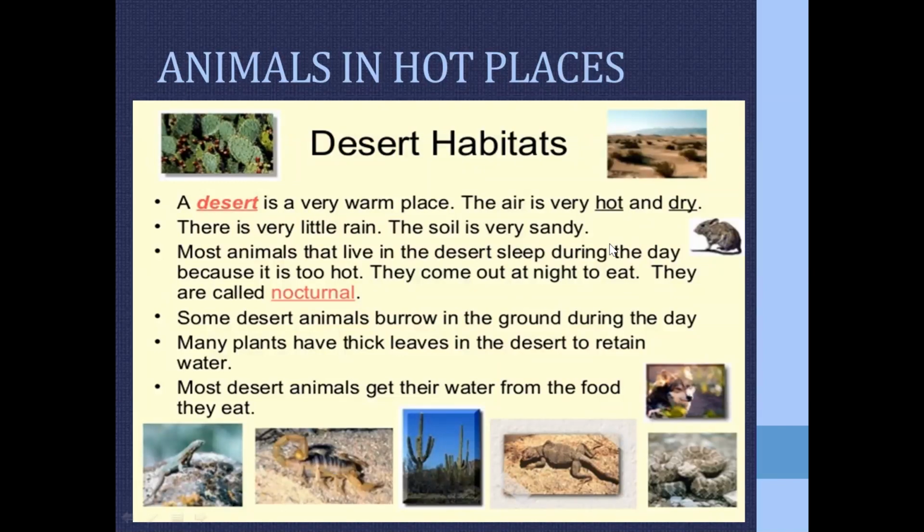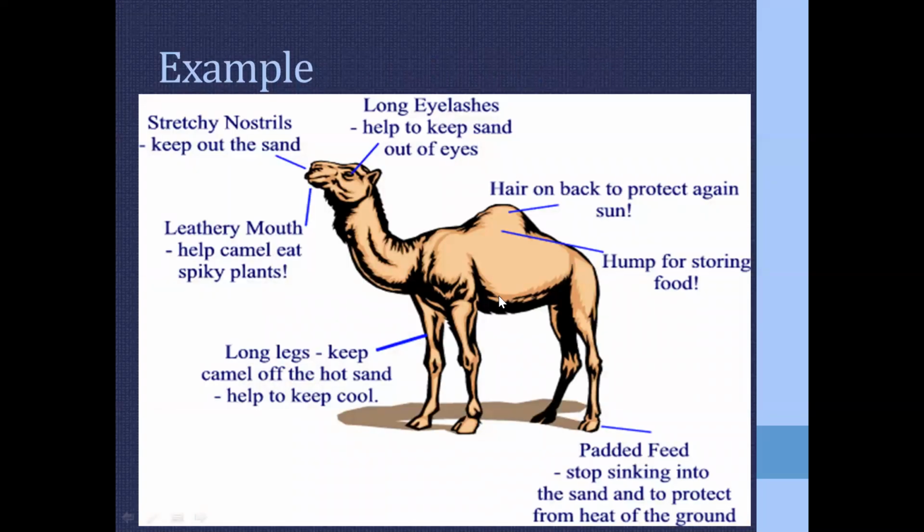So whatever food they have, they just go for it, and that is enough for their water also. Now I'm sharing the very common example of a desert animal, and that is the camel.